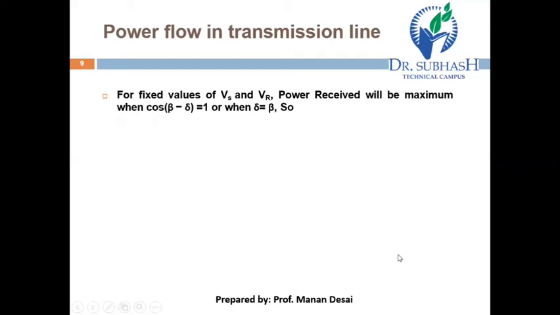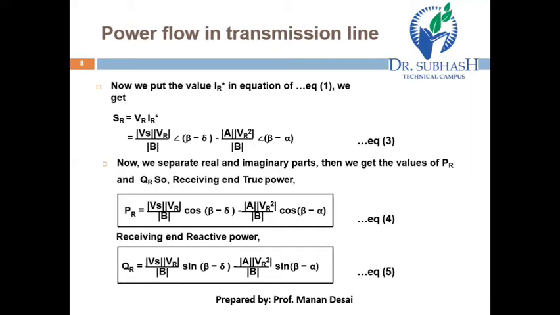For fixed values of Vs and VR, power received will be the maximum when cos(beta minus delta) is 1, that is, when delta is equal to beta. In the earlier equation, Vs, VR and all these parameters are fixed.